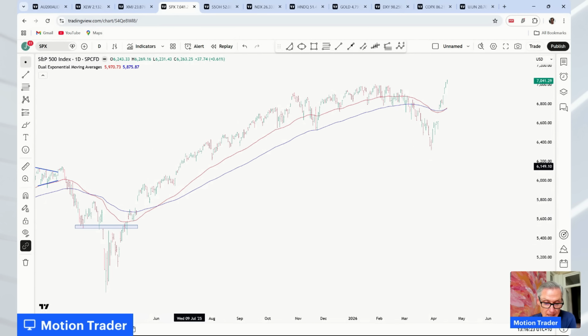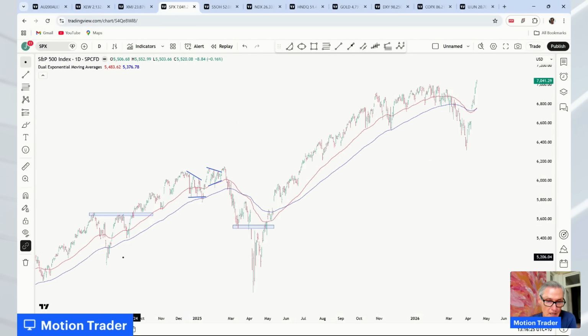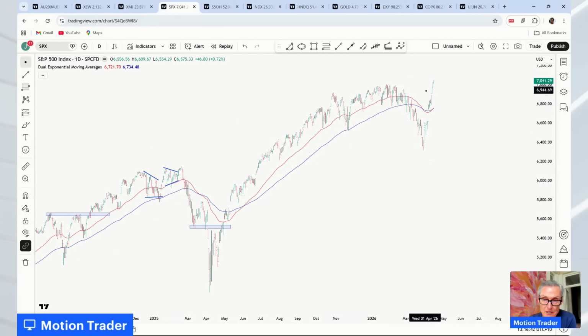And there's another example, just quickly, back in July to September 2024, from below the moving averages to above, and then the pullback, the consolidation back to the moving averages, and then away from there. What happens here? Well, time will tell. It might do something different, but that's often a pattern that we see.